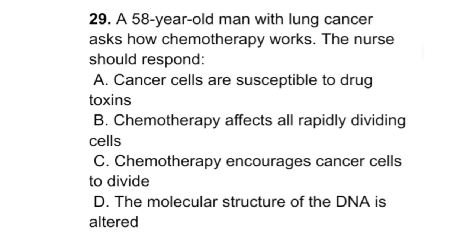Eliminate incorrect frequency and position options. 29. A 58-year-old man with lung cancer asks how chemotherapy works. The nurse should respond. A. Cancer cells are susceptible to drug toxins. B. Chemotherapy affects all rapidly dividing cells. C. Chemotherapy encourages cancer cells to divide. D. The molecular structure of the DNA is altered.